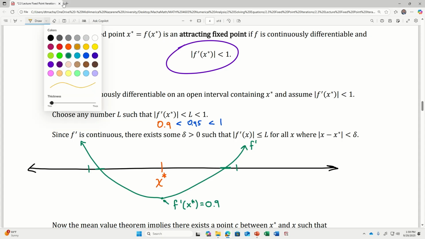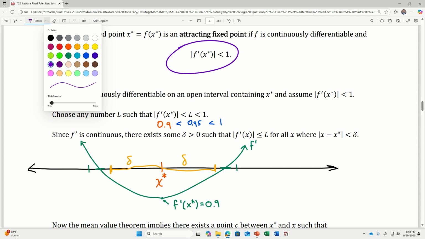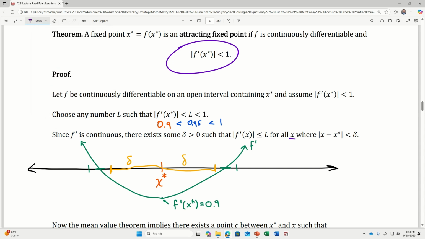And that means inside this little interval, we can define a new interval that's delta away from my fixed point. And whenever we're talking about all x where the distance between x and the fixed point is less than delta, we're talking about all of the points like here, where the distance from the point to the fixed point is less than delta.